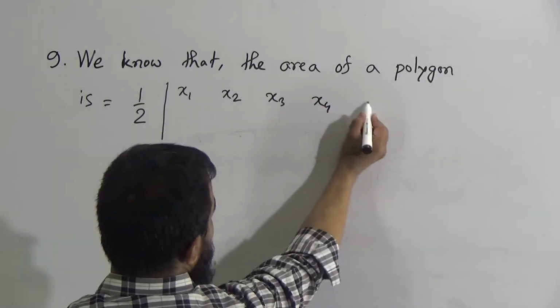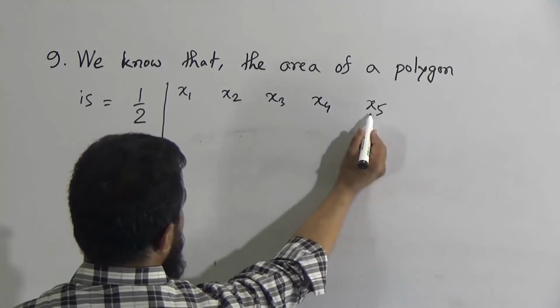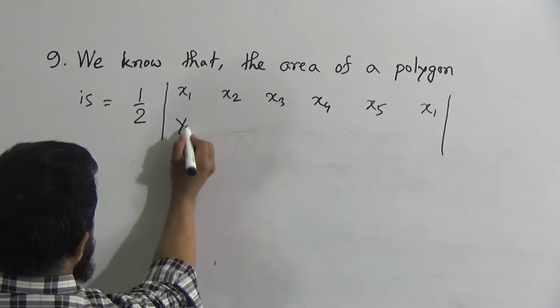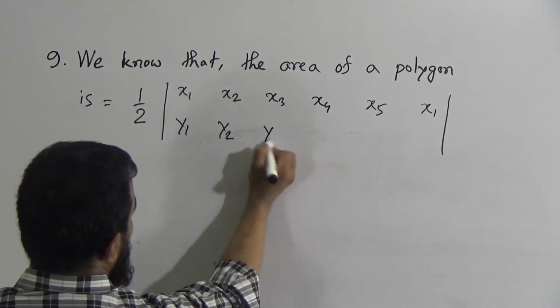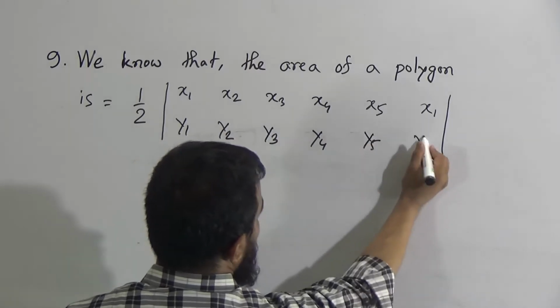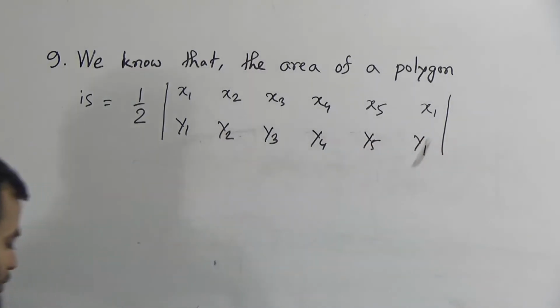It's a polygon, that means it has 5 points, so x1, x2, x3, x4, x5, then you should take x1 again. It is also y1, y2, y3, y4, y5, y1. It is our formula.